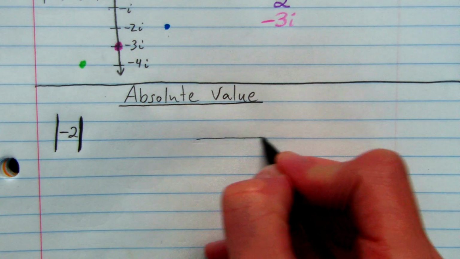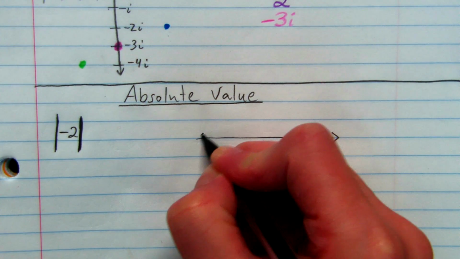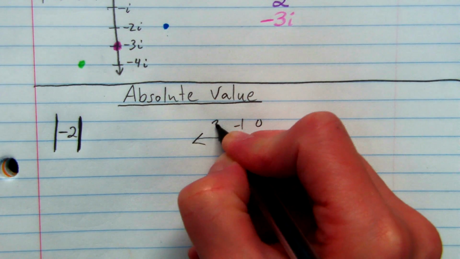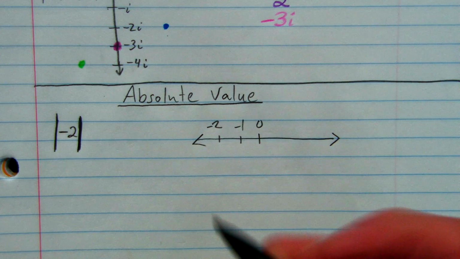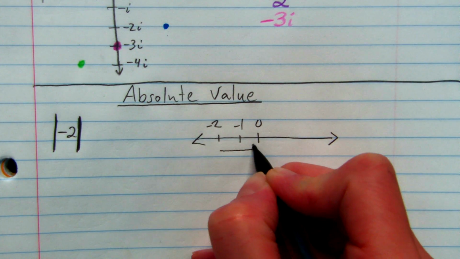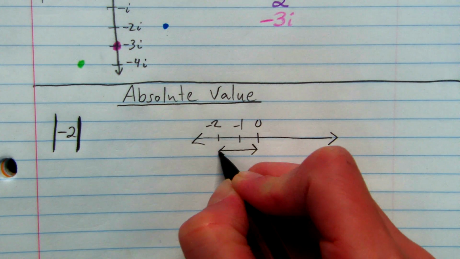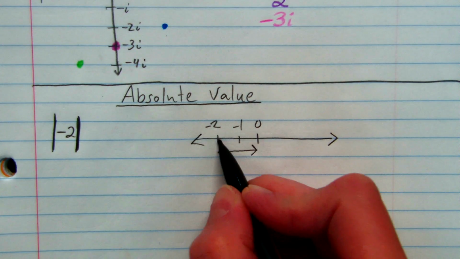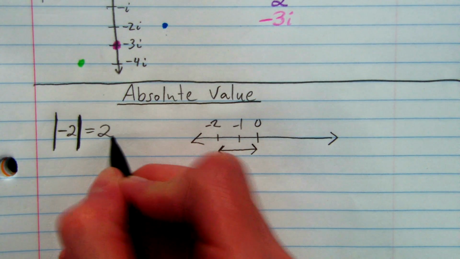We usually think of that as being on a number line, so I'll draw a number line really quick. And you would think of that as being the distance between negative 2 and 0. That's how we first defined absolute value when we were in middle school. And so the distance between 0 and negative 2 is just 2.